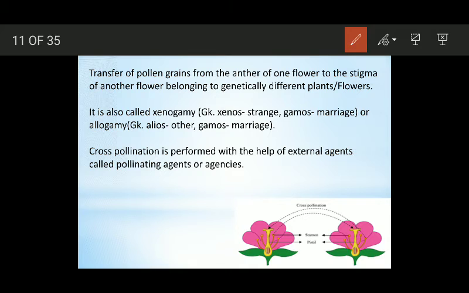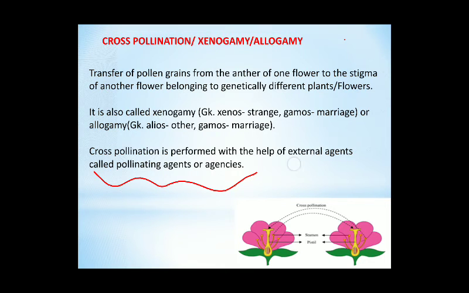So, cross pollination happens between flowers which are located apart, which are present on two different plants at some distance. So, there is obviously the need of some agents, and these agents are known as pollinating agents or pollination agencies.